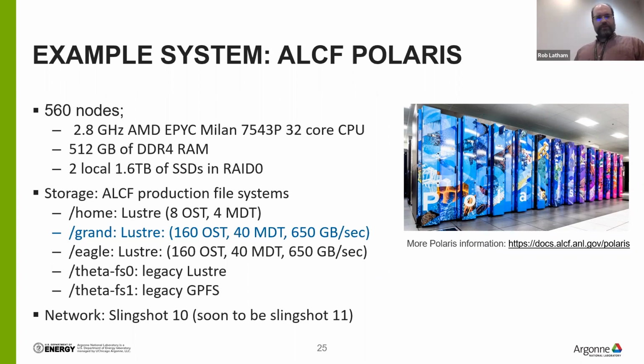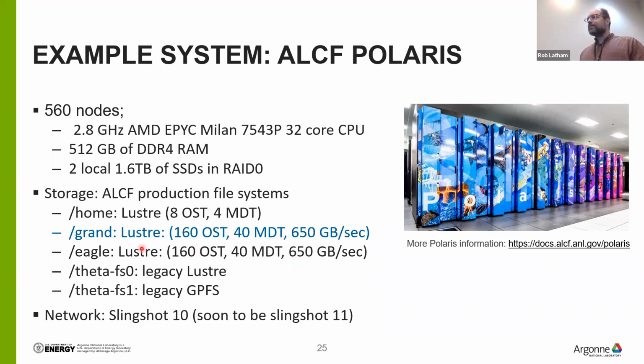But in terms of number of nodes, amount of memory, that's all interesting. But to me, the most interesting part is the Lustre file systems here. We have 4 different Lustre file systems. I'm going to be talking about the Grand file system, which has an advertised speed of 650 gigabytes per second. We won't see that in our tests today. I'll tell you about why in the next slide.